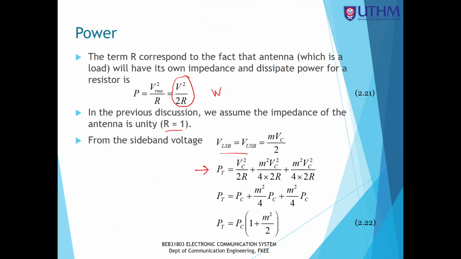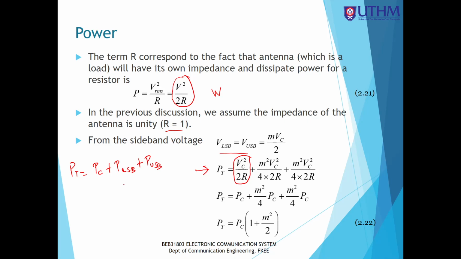PT is equal to PC plus PLSB plus PUSB. PC is equal to VC squared over 2R.